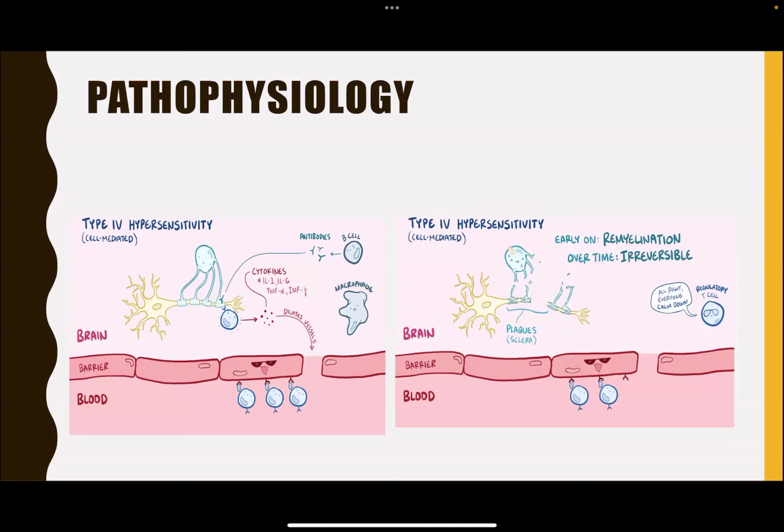After that, regulatory T cells will come to the battle and inhibit the inflammatory response. Early on in the disease, there will be a remyelination process, and some patients will regain their function. However, over time, there will be irreversible damage, and the patient will lose the function of that neuron.